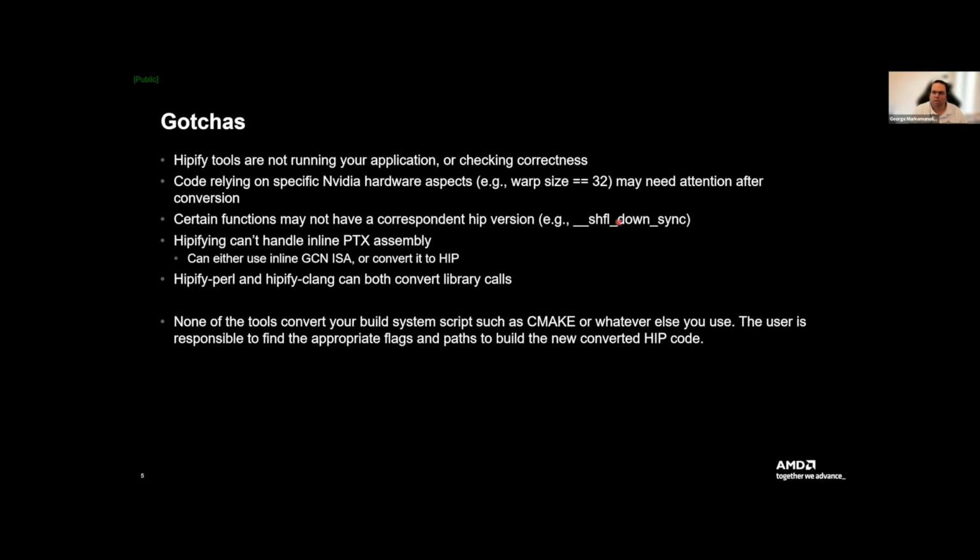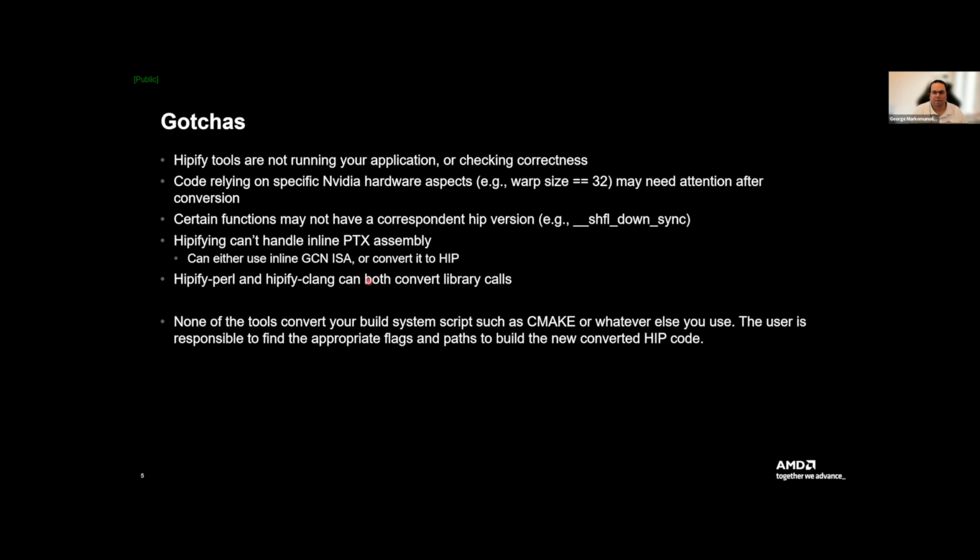So in order to make it work, you go to the previous version without the shuffle, the down underscore sync, but it needs some manual changes. HIPifying can't handle inline PTX assembly; you can either use inline ISA or convert it to HIP. So if you use assembly, you know this cannot be ported easily.